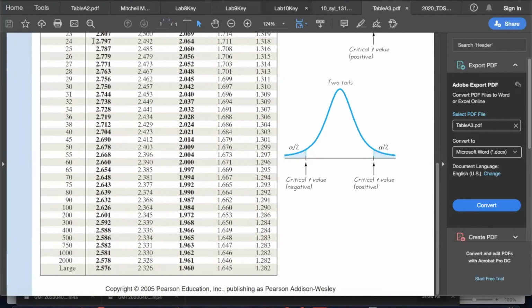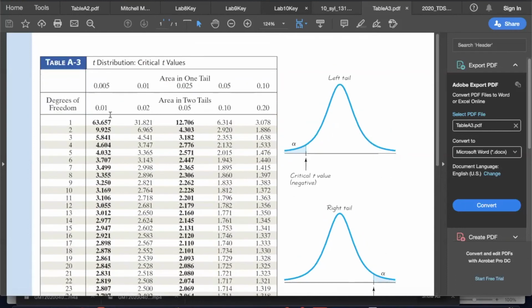Before I do that though, let me just make sure I remember. Okay, 2.626 corresponds to, well, let's use area in two tails this time. 2.626. Okay.